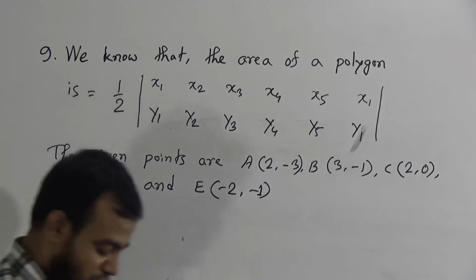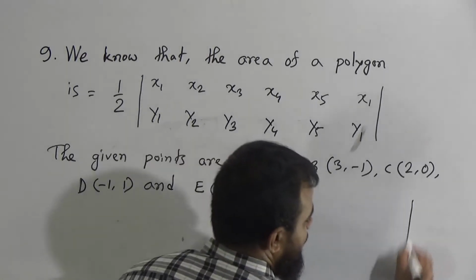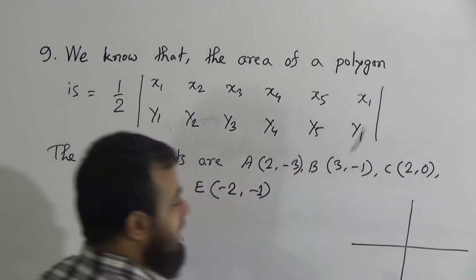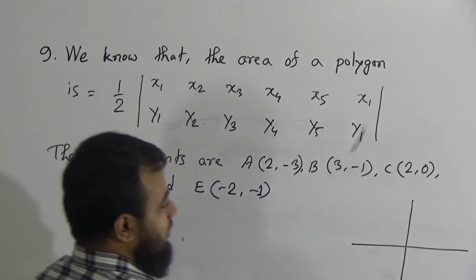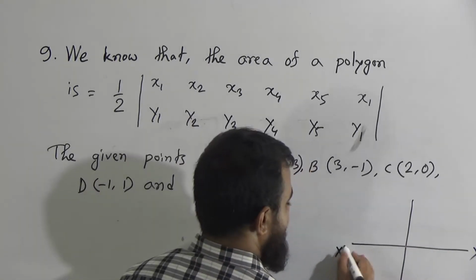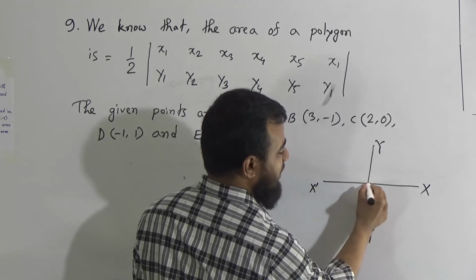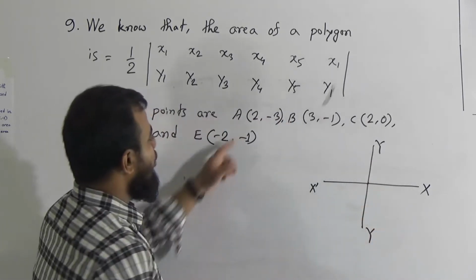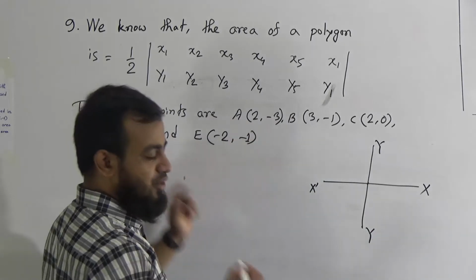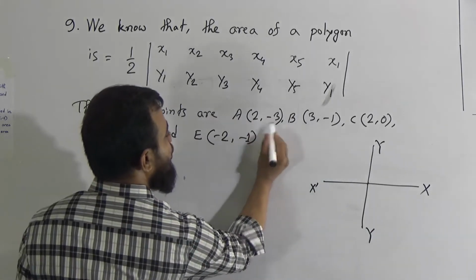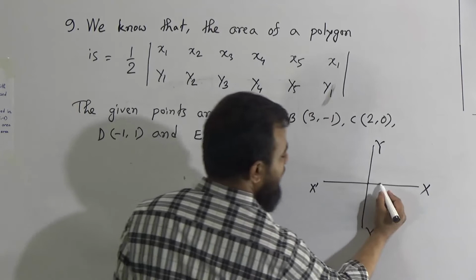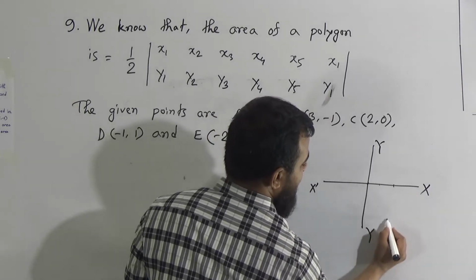That is why we can put these points on graph paper. It's x, x prime, y, y prime. Look my dear students, this is our initial point (0, 0). Now where are these 5 points situated? A is (2, -3): 2 means 1, 2 on the right side, and -3 is here.